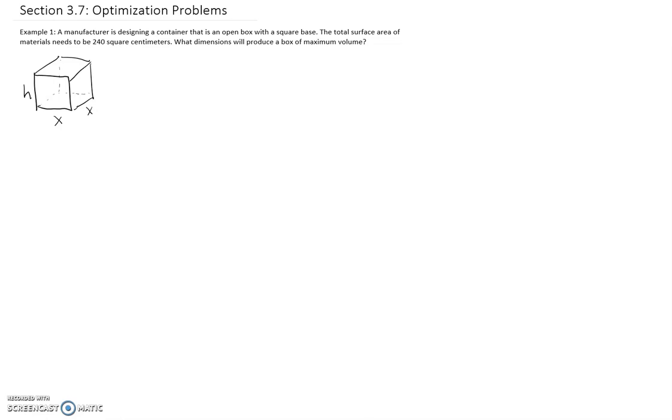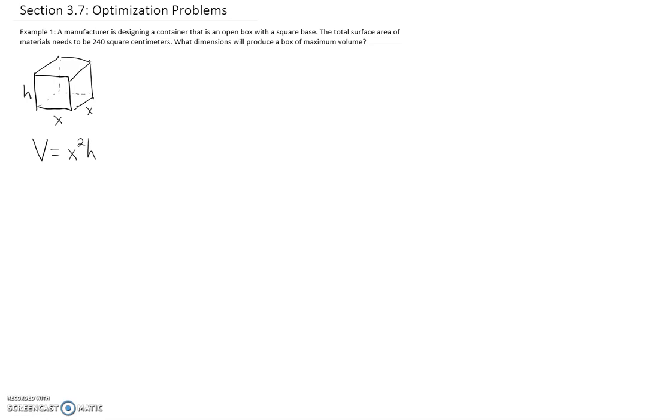One formula needs to be the volume of this box, because it asks for the maximum volume. The volume of a box is length times width times height, but because our length is x, our width is x, and our height is h, our volume is x squared times h.